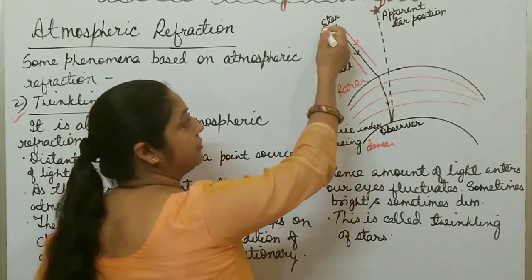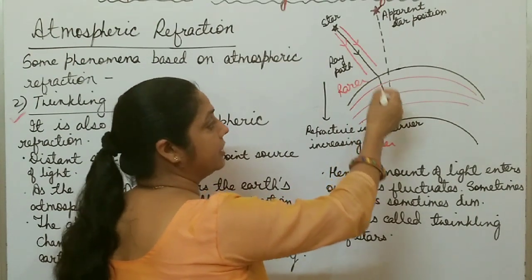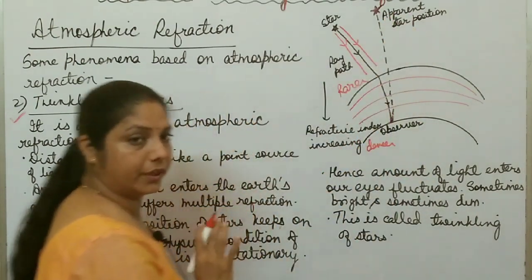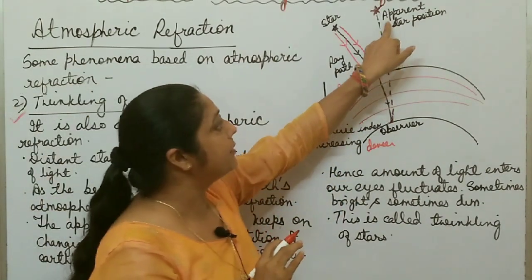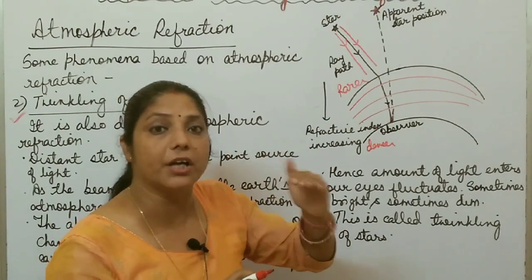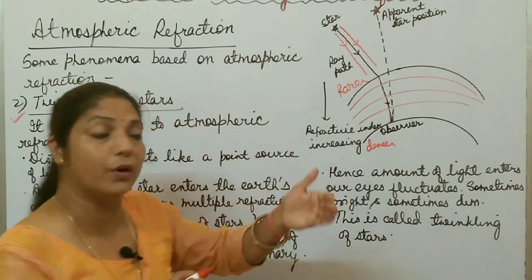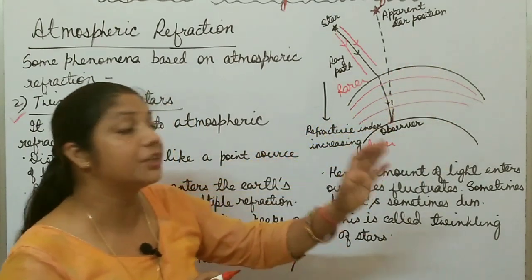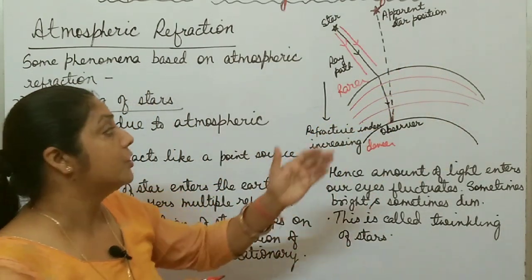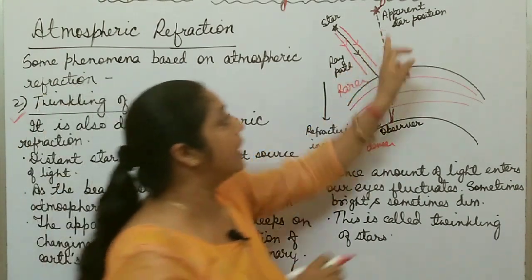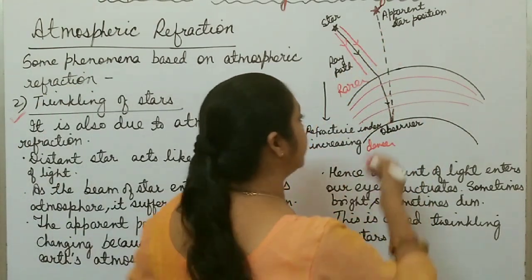Suppose this is the position of the star, and due to atmospheric refraction, the observer observes this apparent position of the star. But this apparent position of the star also changes with time. It is not stationary, it continuously changes. Why? Due to physical conditions of the atmosphere. Temperature varies with time. So due to change in physical conditions of the atmosphere, the apparent position of the star also changes.